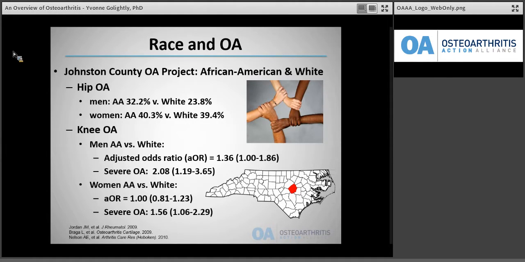And for knee osteoarthritis, in models where we control for body mass index and for age, again, we see that African American men are more likely to have knee osteoarthritis than white men. Again, not a great difference when we look at women unless we look at more severe osteoarthritis of the knee, where there is a greater odds of knee OA in African American than in white women.